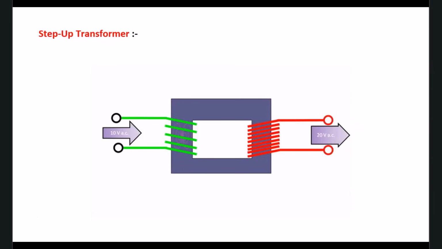When we generate the signal, we generate it at a certain amount of voltage. That voltage is increased to a very high voltage using the step up transformer, so you get a higher voltage at the output terminal.